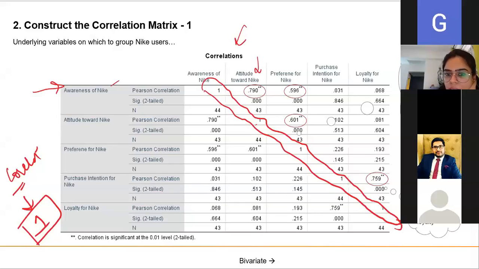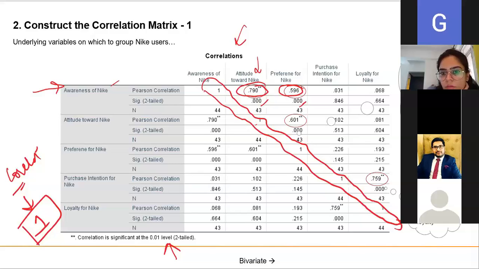Attitude towards Nike, that is this one, 0.79. Also check preference. Yes, and the preference. But here you also check the significance test. If it is less than 0.01, here it is 0.01, then it is significant. Then only you will say okay, it's more than 0.5, but in the significance test also, is it less than 0.01? Yes, it is. Then it is significant. So awareness is correlated with attitude and preference.